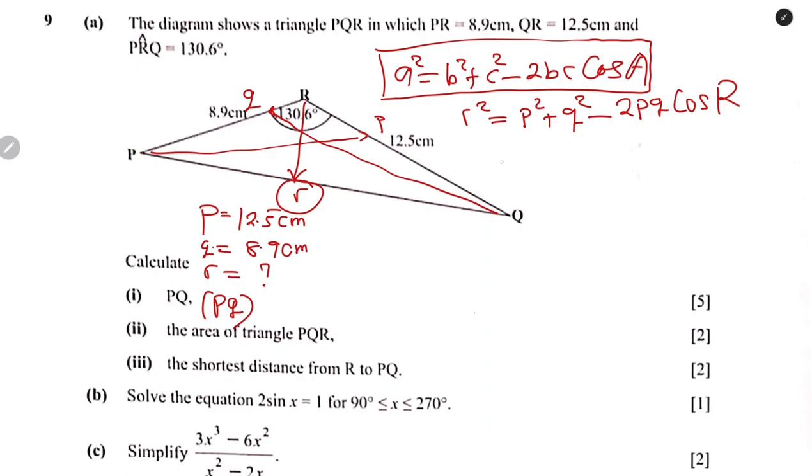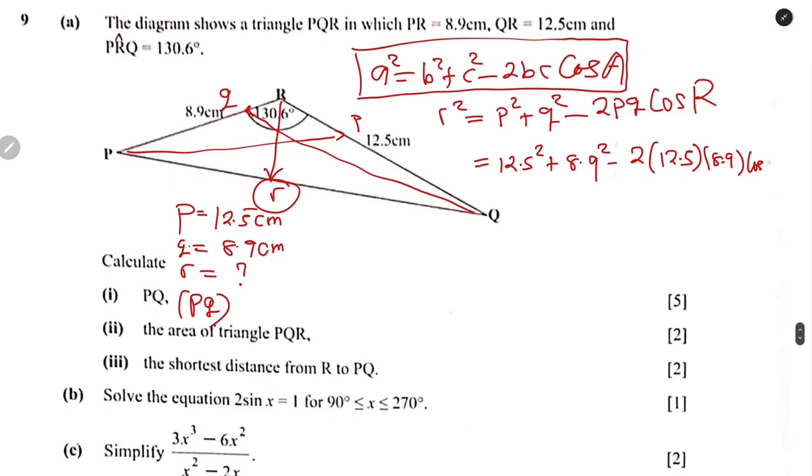Now we can replace: our p is 12.5 square plus our q is 8.9 square minus 2 times 12.5 times 8.9, then cos of the angle, 130.6 degree.